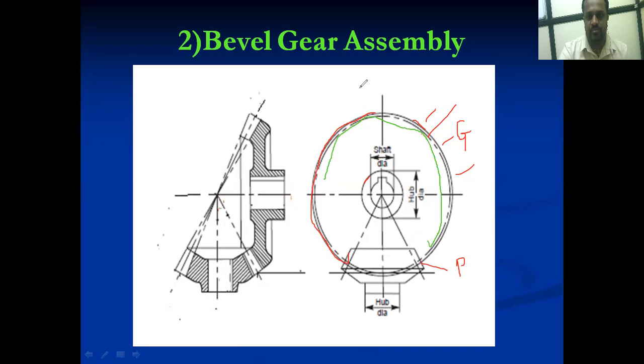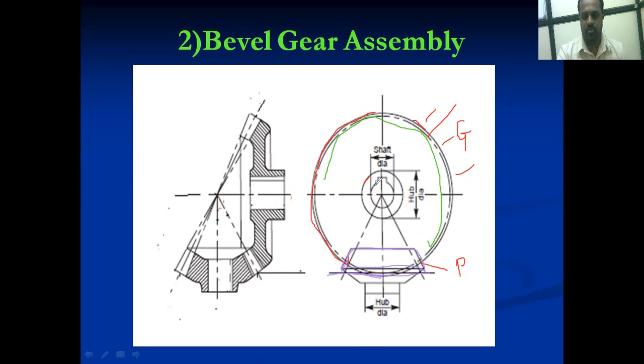Then here, this will be your pinion. This is the pinion. This circle, they are matching here. Like this, this is the dual gear assembly.